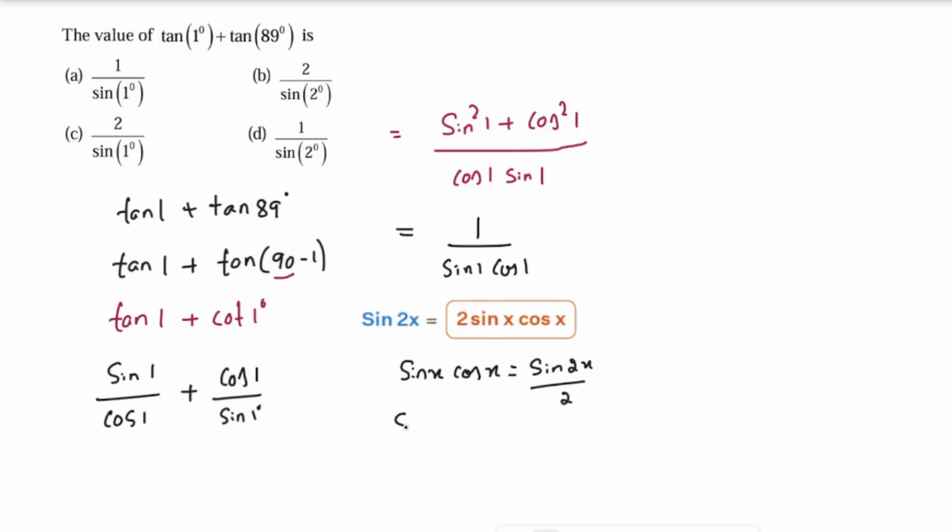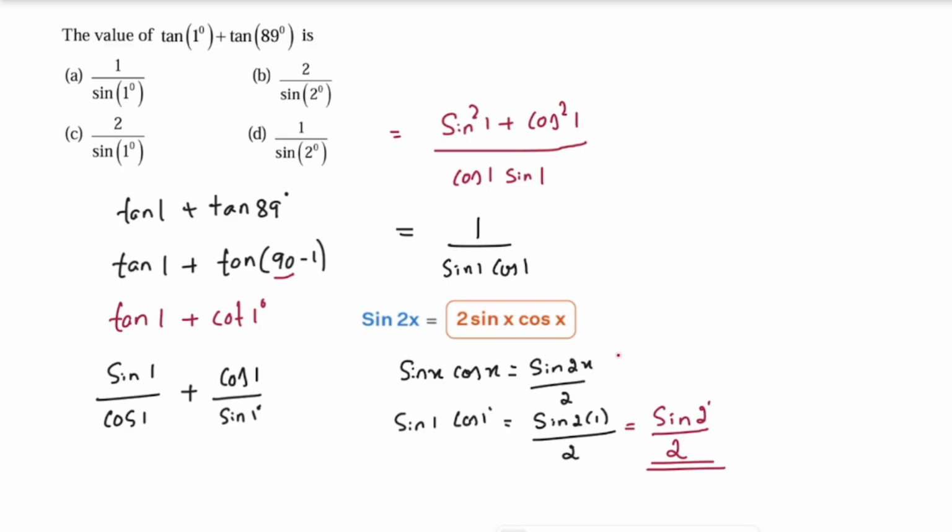Similarly, sin 1 degree into cos 1 degree becomes sin 2 times 1 degree divided by 2. Don't cancel this 2 and this 2; it has to be there in that place. So it becomes sin 2 degree divided by 2, in place of sin 1 degree and cos 1 degree.